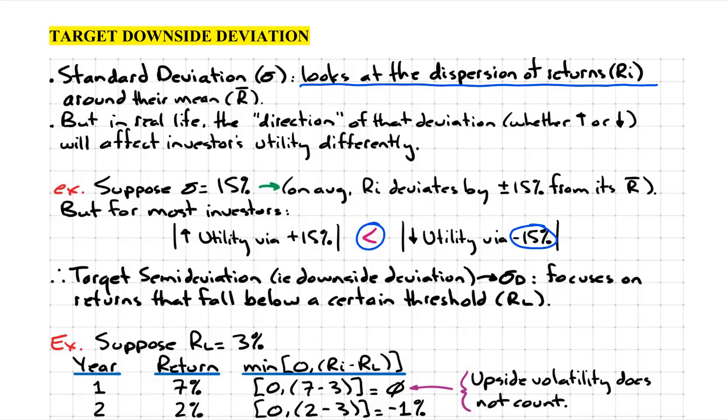So you can see that in both cases, the number is 15, which matches the standard deviation of 15. But the investor's reaction to a loss is much greater than the reaction to an equal gain. And study after study has shown that to be true.